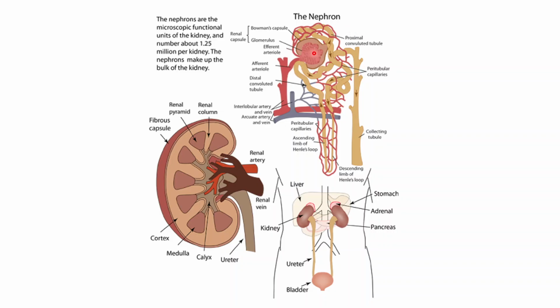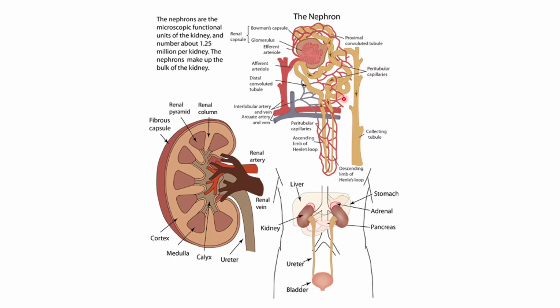Then you have your glomerulus encased in the Bowman's capsule, and you have your proximal convoluted tubule entering here, and then your distal convoluted tubule over here, which is extending into your loop of Henle, and these are your peritubular capillaries that surround the loop of Henle.